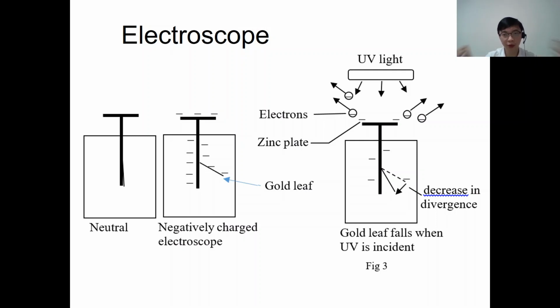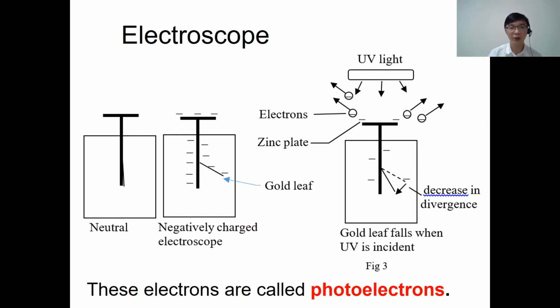They postulated that this is because electrons were leaving the zinc plate at the top, leading to an overall decrease in the number of negative charges held by the zinc plate and stem. So they realized that the photoelectric effect takes place: UV light of reasonable frequency causes electrons to leave the surface of a metal.